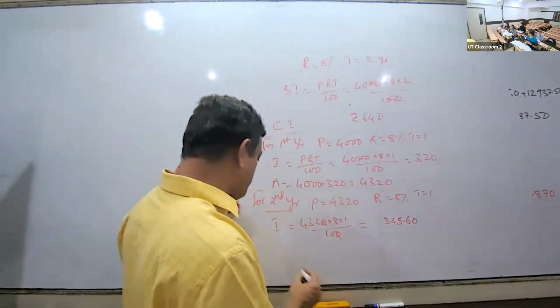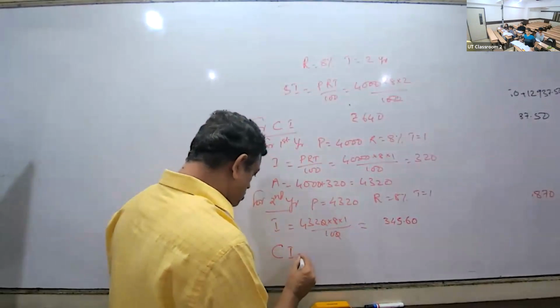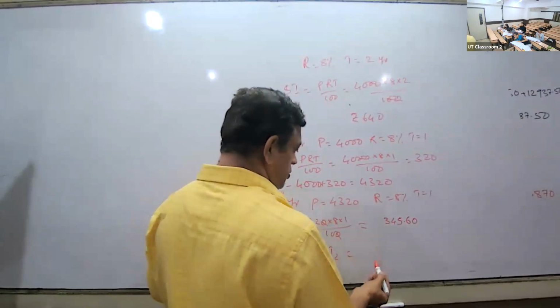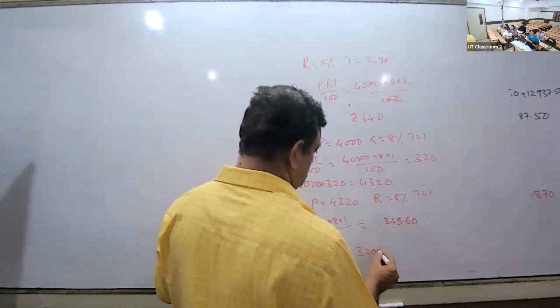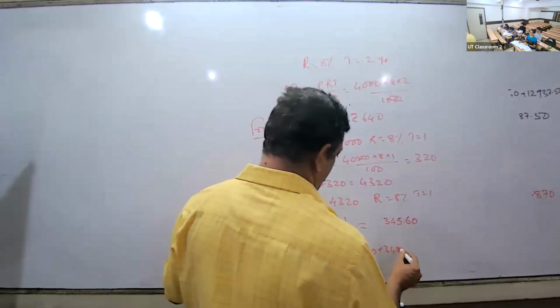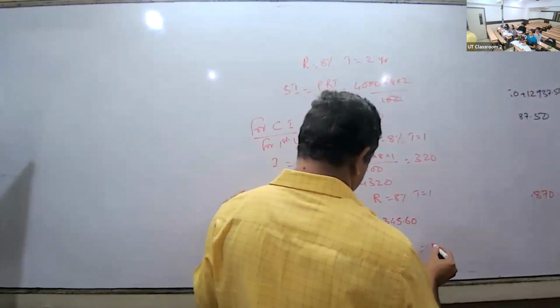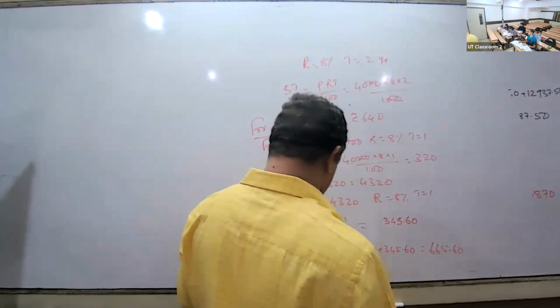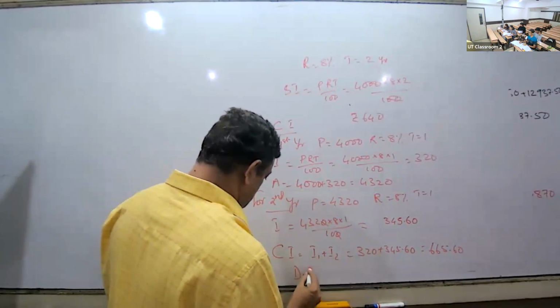Okay. Therefore, you can write CI is equal to interest of first year plus interest of second year. Amount also is not required. 320 plus 345.60 is 665.60. Therefore, the difference you have to find out now.